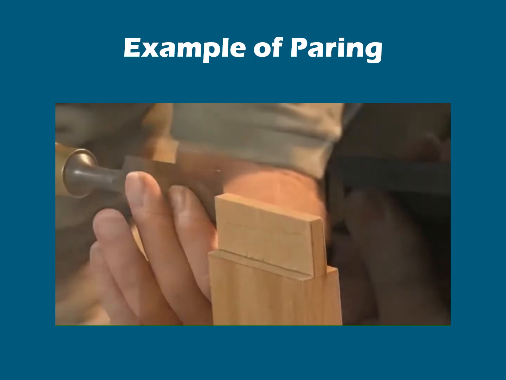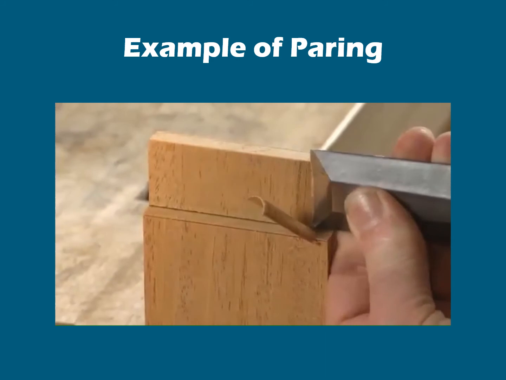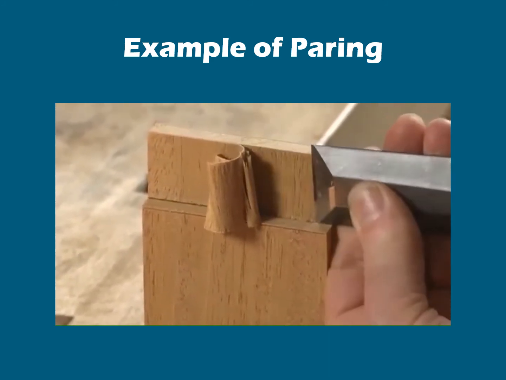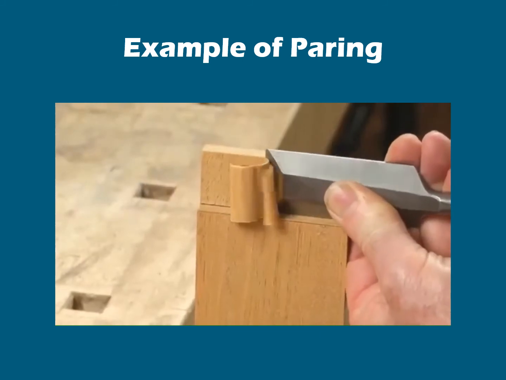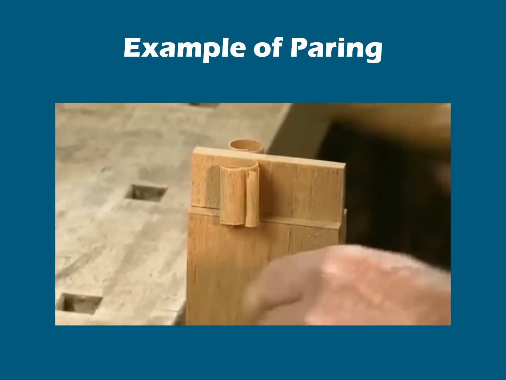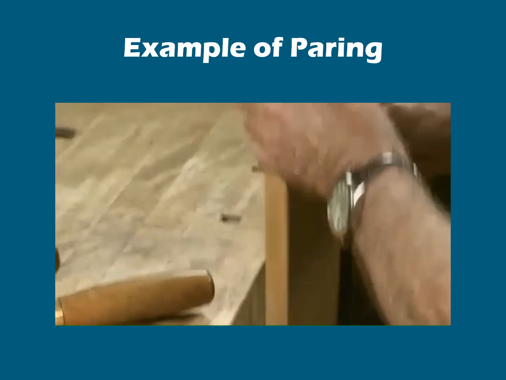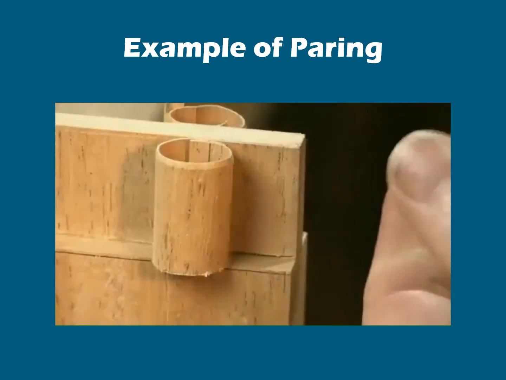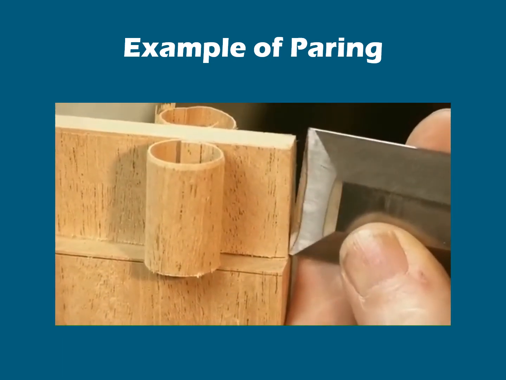Place the chisel into the scribe line along the edge and pare halfway across the tenon. Then, come in from the other end and finish it.